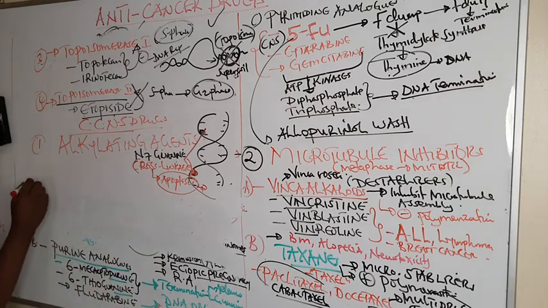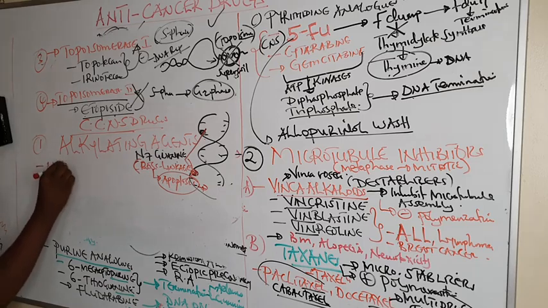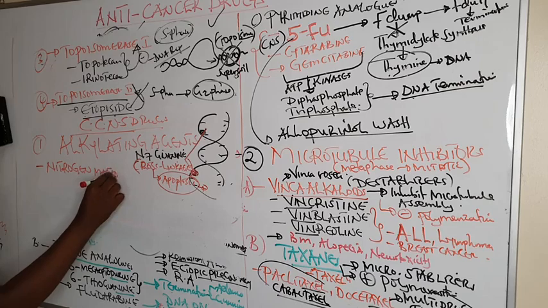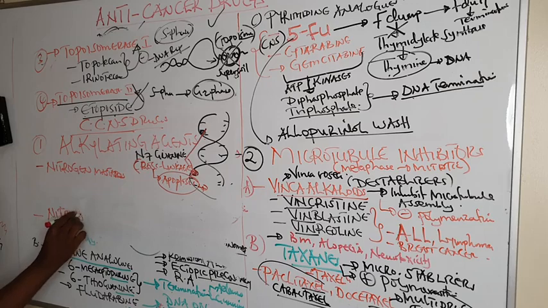Examples of alkylating agents: we have nitrogen mustards. We have nitrosoureas.